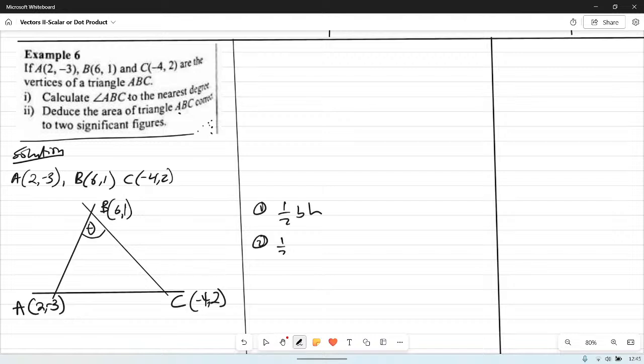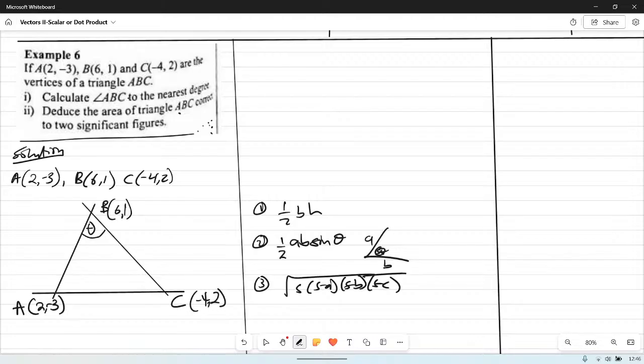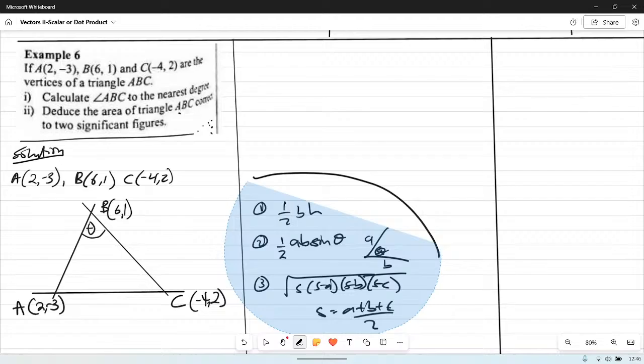The second one is half AB sine theta, where the angle lies between A and B. Then the third one is Heron's formula: the square root of S(S minus A)(S minus B)(S minus C), where S is the sum of A, B, and C all over 2. These are the three formulas. Whenever you are asked to find the area of a triangle, use any of them conveniently. It depends on the circumstances.